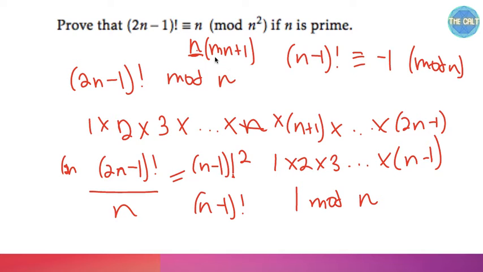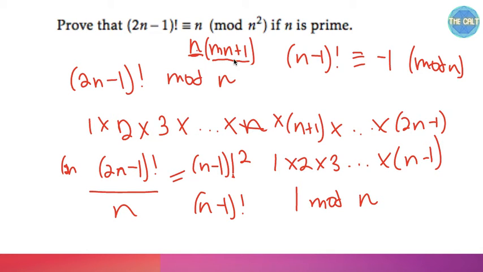And the second time we had n again, except we're adding 1 because (2n minus 1)! divided by n mod n is equal to 1. So that's why we have to add this extra 1. And that means the remainder is in the form mn plus 1, where m is any integer. So it could be like negative 7, 50, it doesn't really matter.